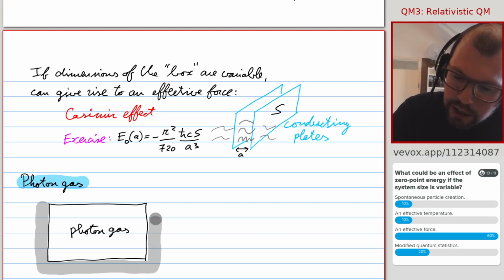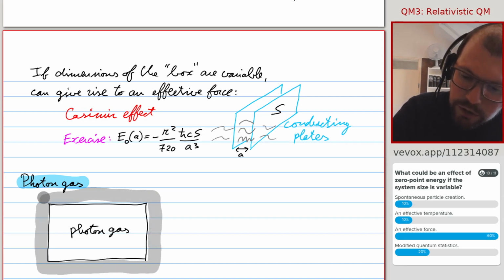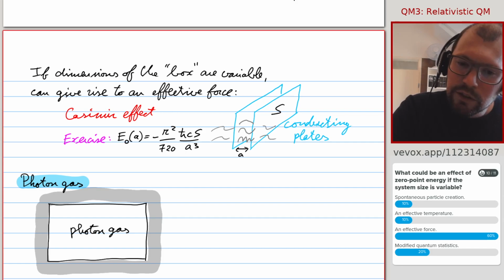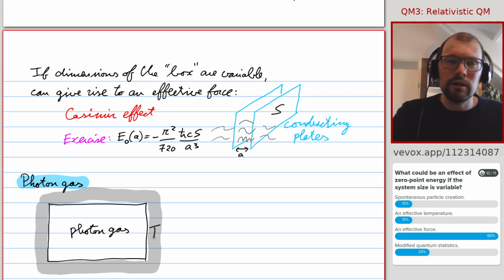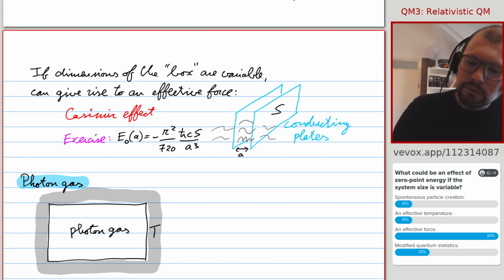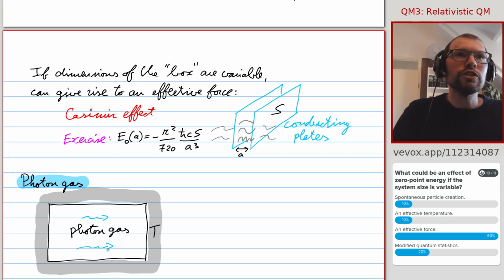Suppose that this enclosure really has some physical walls, and these physical walls are in contact with a large reservoir of particles, if you like, at a temperature T. And suppose that the electromagnetic field inside of this enclosure is in thermal equilibrium with this heat bath.